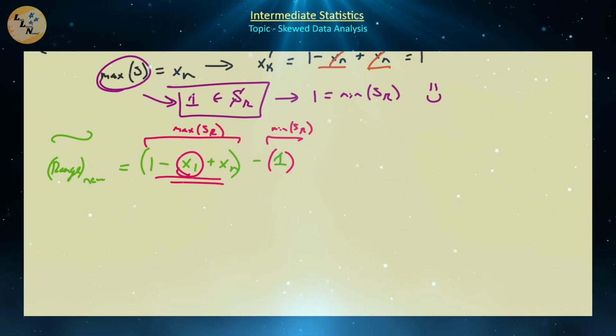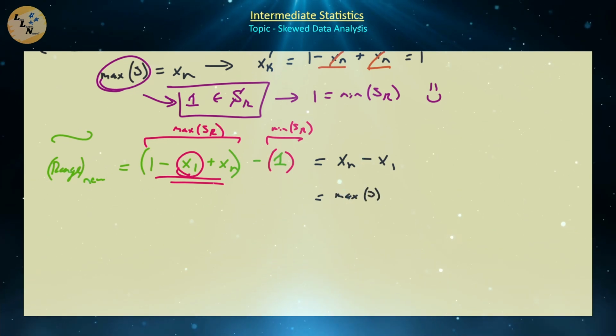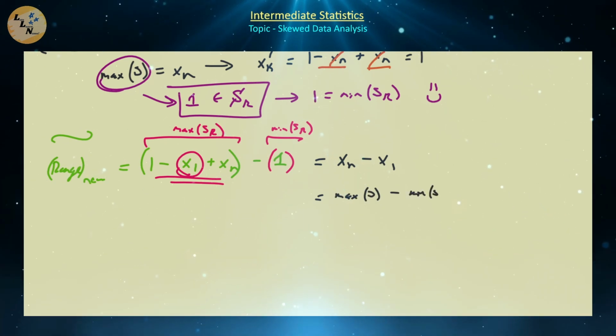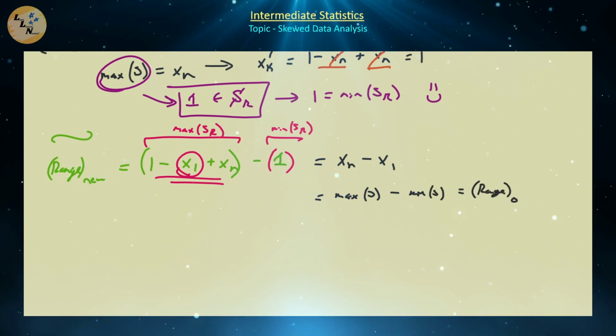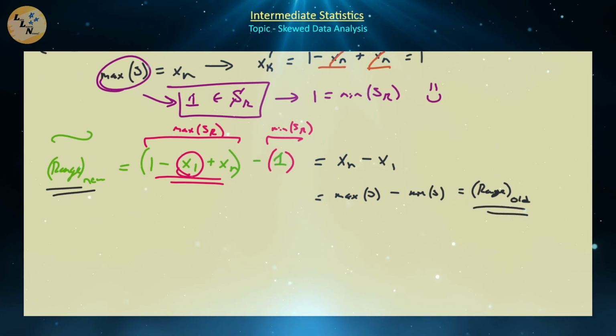So if we subtract these two elements, what will we get? The ones are going to cancel, and we're going to have xn minus x1, which is of course equal to the maximum of the original data set minus the minimum of the original data set, which is of course equal to the range of the original old data set. So the range has not changed.